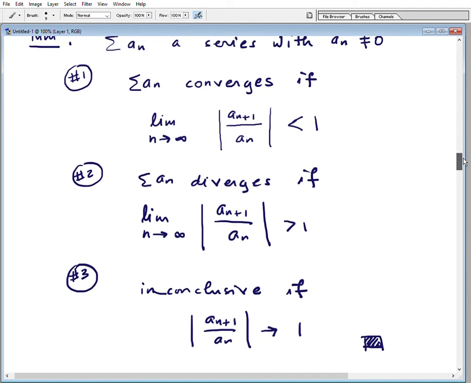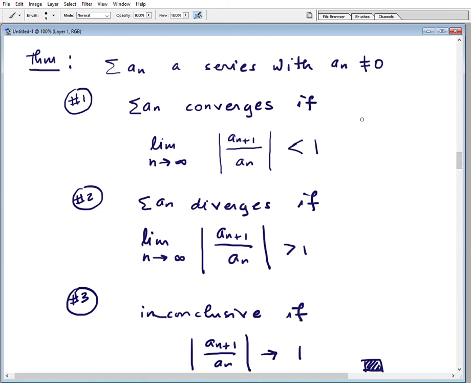And basically, what this is saying is that you know how a geometric series converges. A geometric series converges if the ratio of one term to the term before it is r, where r is less than 1. So for a geometric series, you have an exact ratio of r between a term divided by the term before.